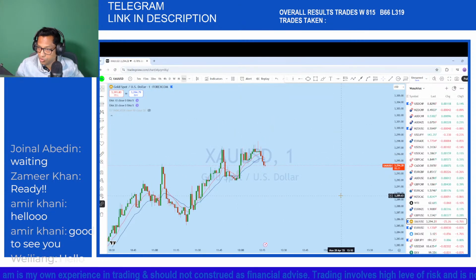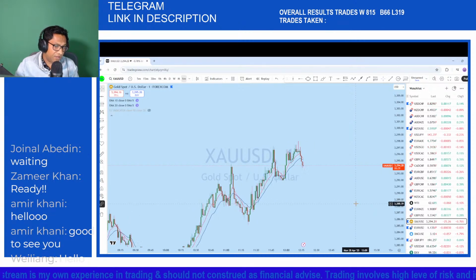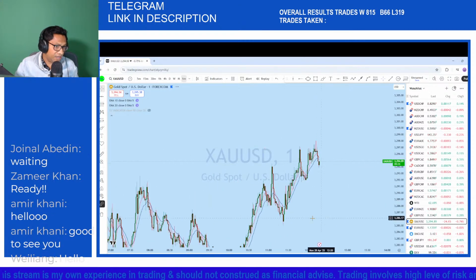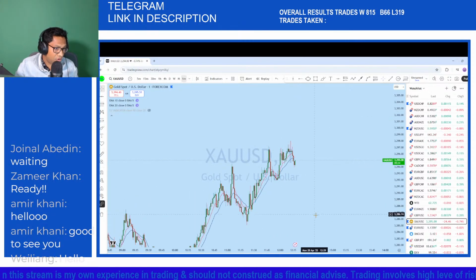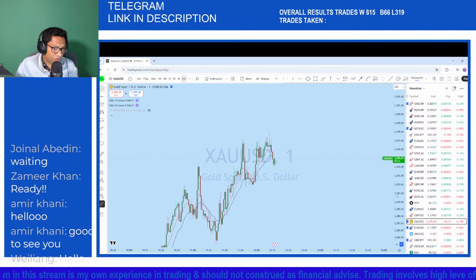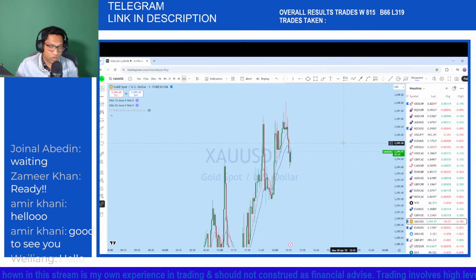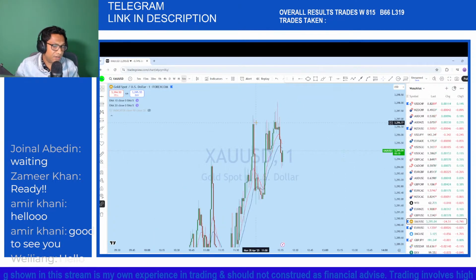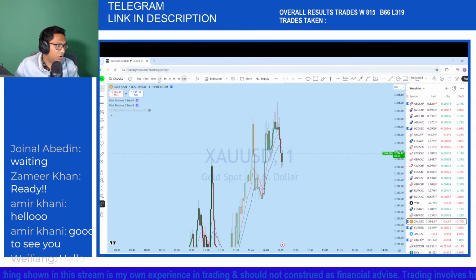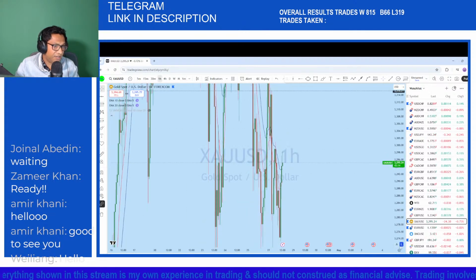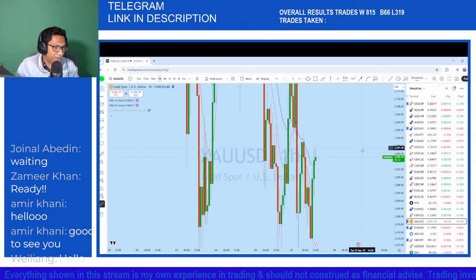That's what we're looking to see, whether the market continues to the upside or drops down for a deeper pullback. We are looking at what kind of trade we might find in this upcoming session.